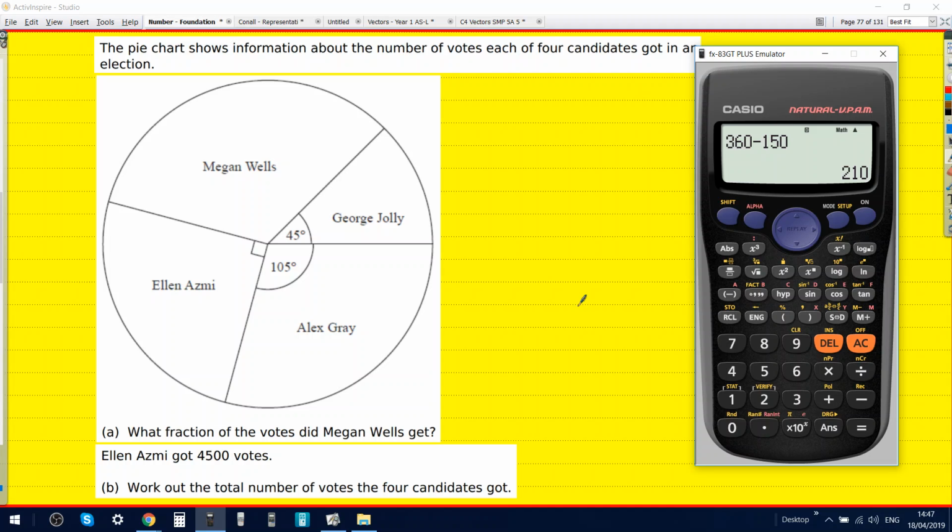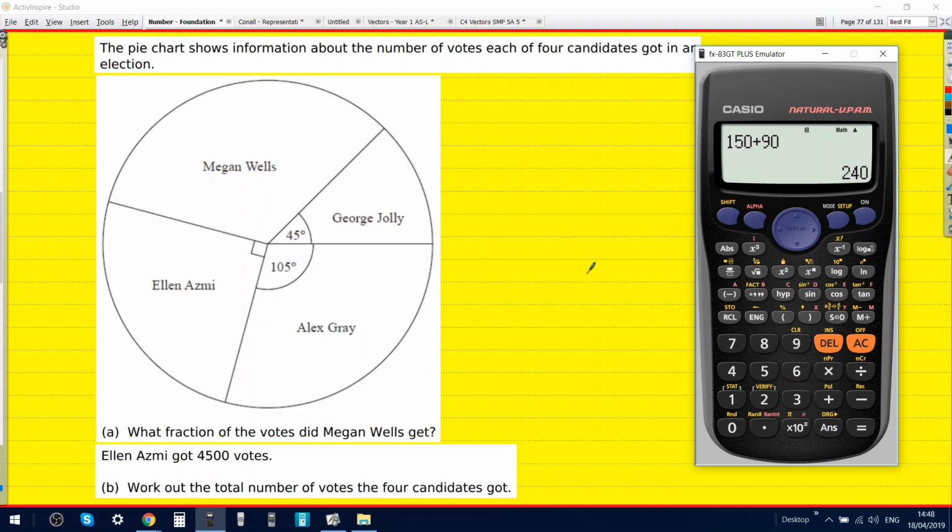So what is the question? The question is saying what fraction of the votes did Megan get. So if we know that George and Alex's adds up to 150, so 150 plus 90, that's 240.